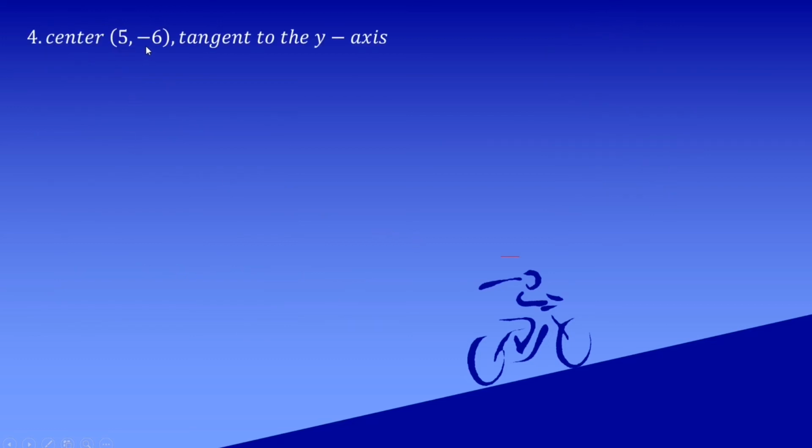For number 4, we have the center, a quantity of 5 and negative 6, tangent to the y-axis. Ibig sabihin nito tangent to the y-axis, it intersects or touches the y-axis at exactly 1 point only. So, we have the center given here, 5 and negative 6.